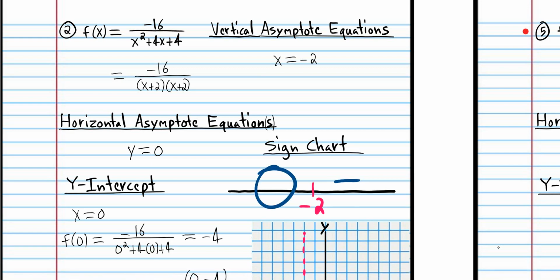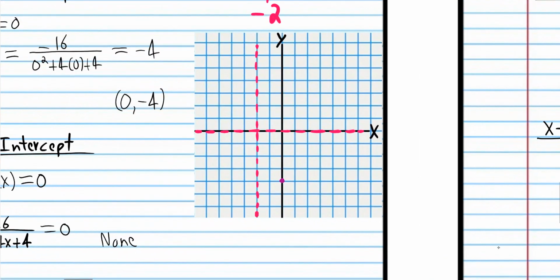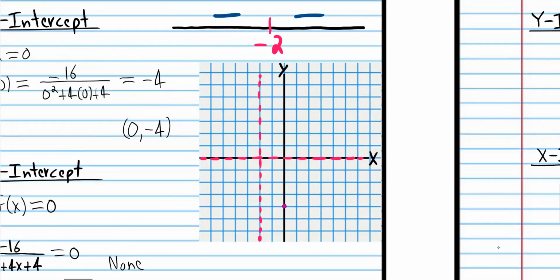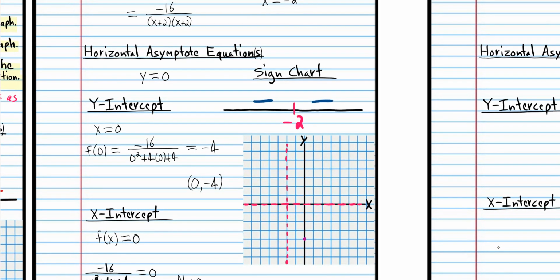And on this side, let's plug in -3. If you plug in -3, we have a negative times a negative, which is a positive, and then a negative divided by a positive is a negative. So it looks like the graph is negative on both sides. Now I'm going to find some other points over here so my graph is a little more accurate.